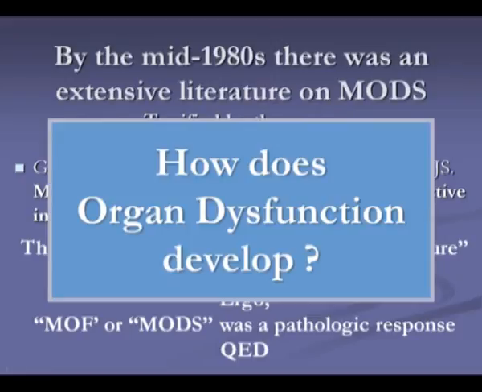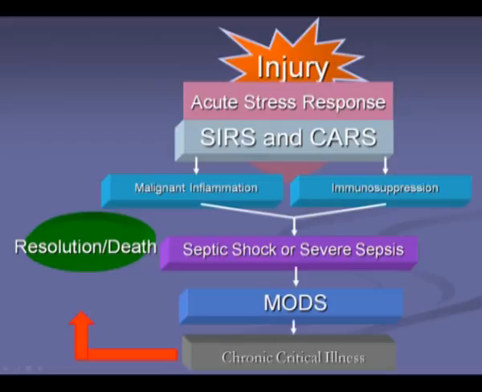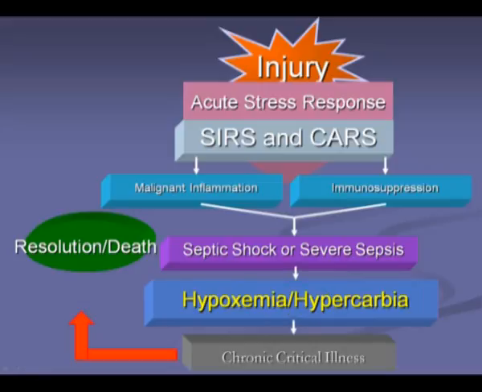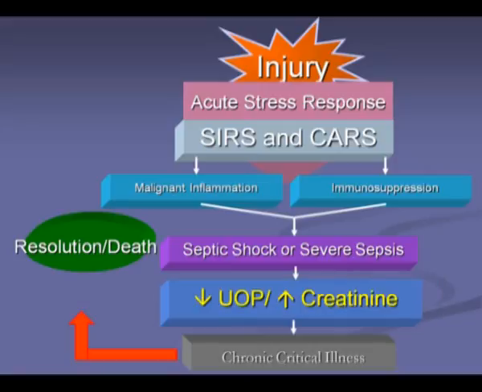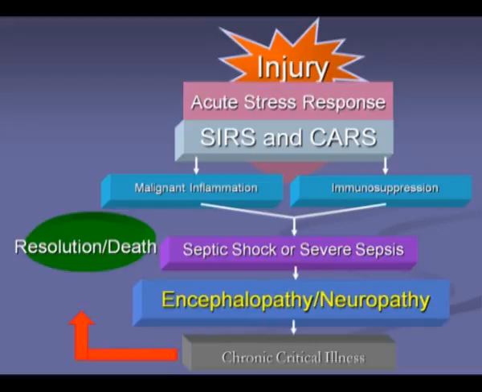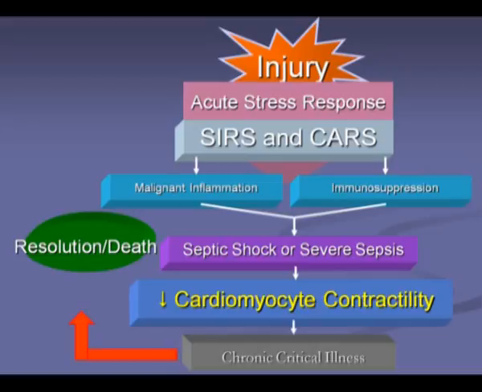So the first question we'll ask ourselves in exploring this particular topic is, how does organ dysfunction develop? Again, we go to our little picture, and when we think about it, what are we talking about when we talk about organ dysfunction? We're talking about hypotension, hypoxemia and hypercarbia, decreased urine output, increased creatinine, an increase in bilirubin, the clinical hallmark of hepatic dysfunction, encephalopathy and neuropathy, and we should add myopathy.